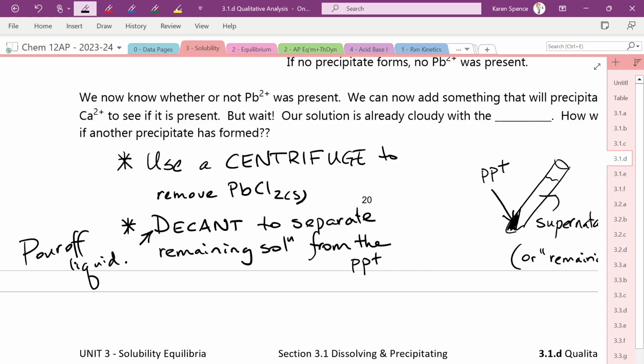There's no precipitation. So what you say is lead is not present. If there is no precipitate, you want to go straight to the next step, and we didn't have time to say that.